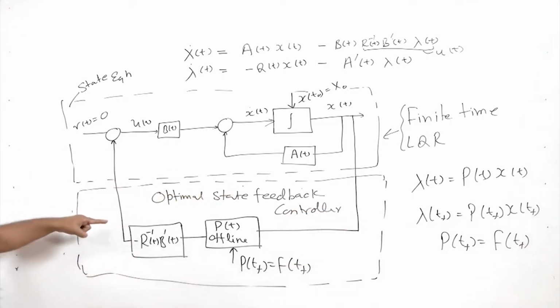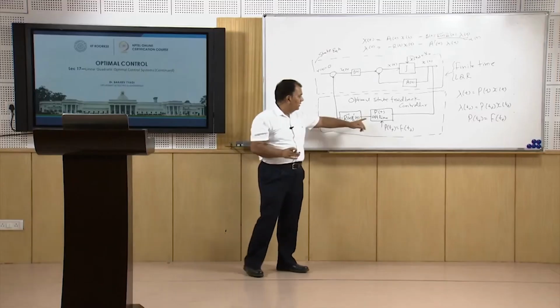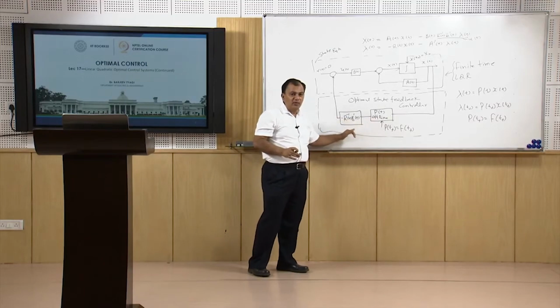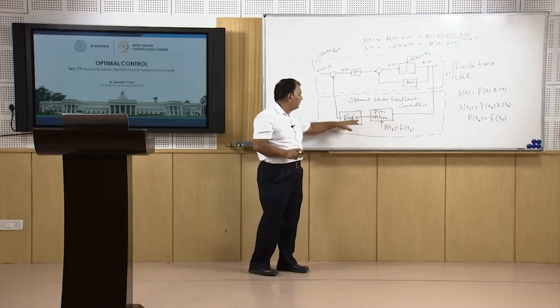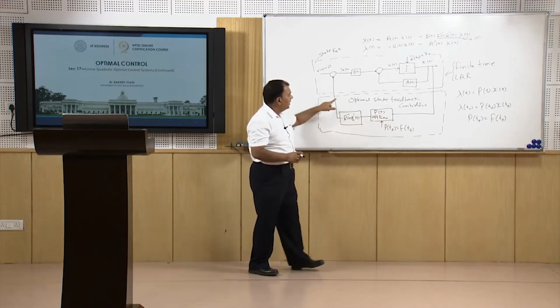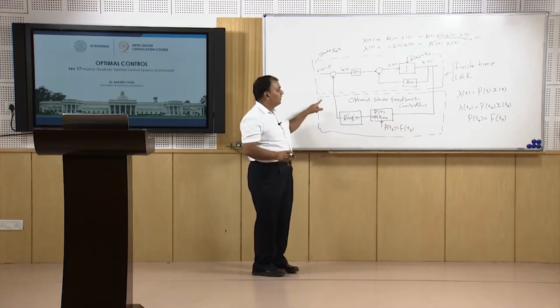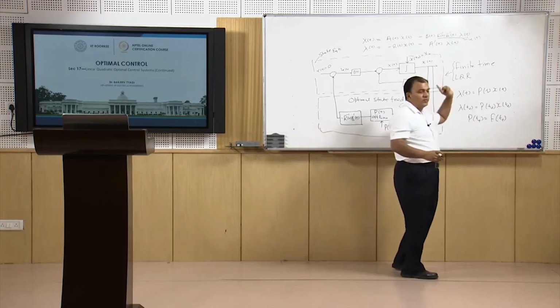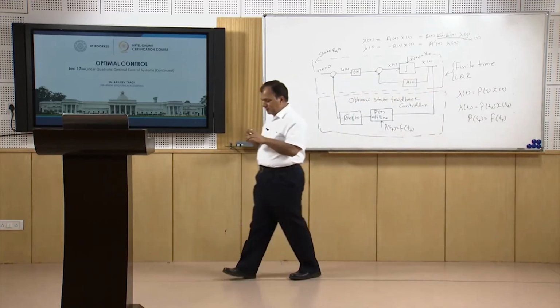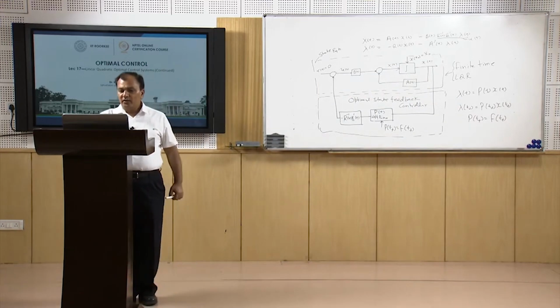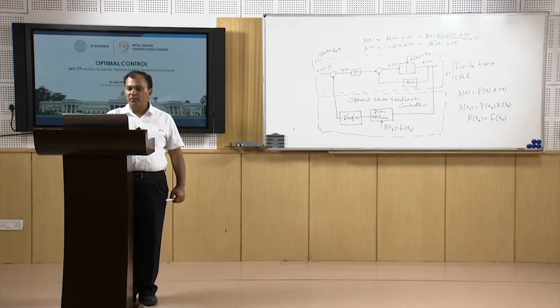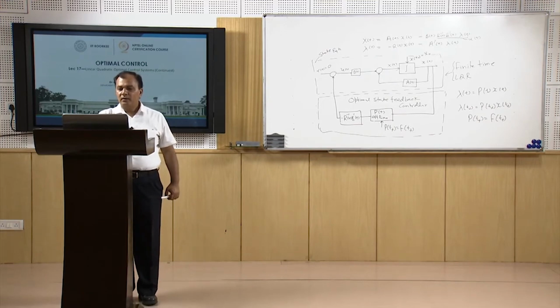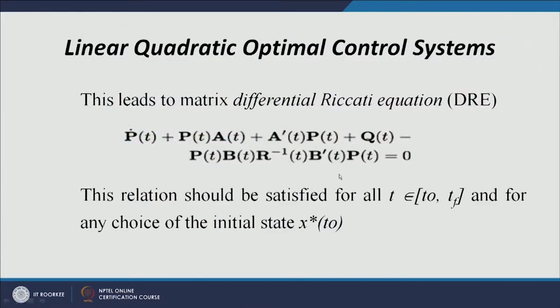So, by solving my matrix differential Riccati equation, by getting the value of the P, which I can solve offline, with this value of the Pt, if I implement here, this is nothing but my optimal state feedback controller, and the overall problem is my finite time linear quadratic regulator problem. So, in this way we can solve this problem simply by solving this matrix Riccati equation.